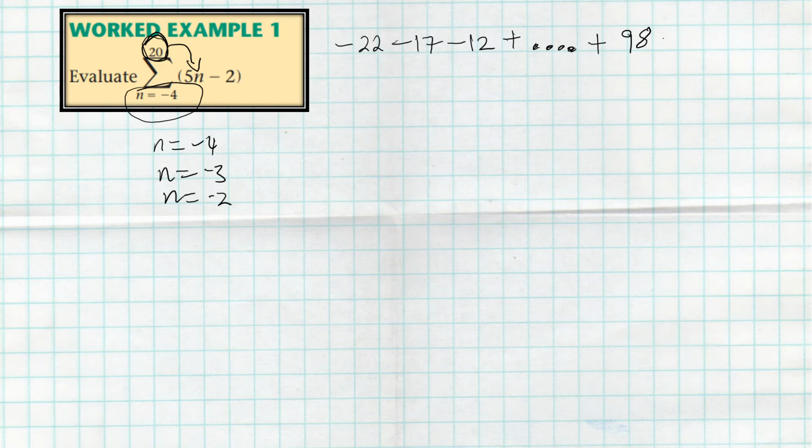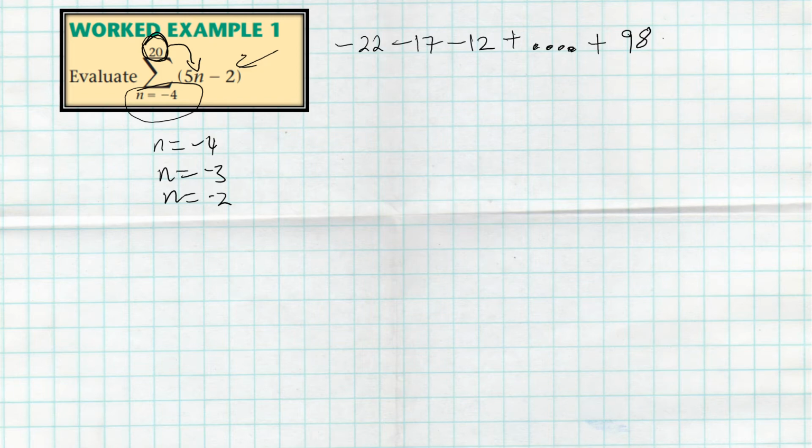Okay, so after doing this, now we have our last term, and we have the first three terms, minus 22, minus 17, minus 12, right? So don't forget, this is a sum of an arithmetic series, and we know that to get the sum of an arithmetic series there are two formulas that we can use.